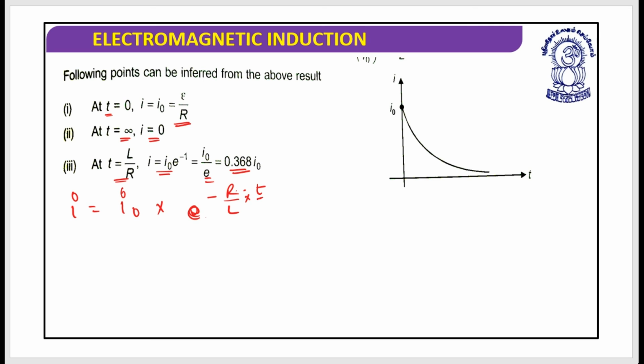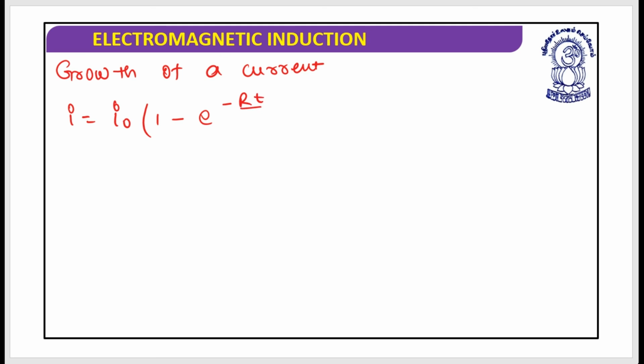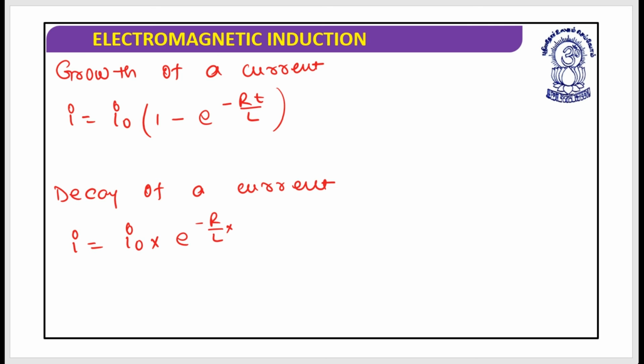Now you might get confused about when to use which relation. When it's a growth of a current, that means the current is increasing, the current was given as I naught into bracket 1 minus e to the power minus of Rt by L. And when it is a decay of a current, the situation will be I is equals to I naught into e to the power minus of R by L into t.